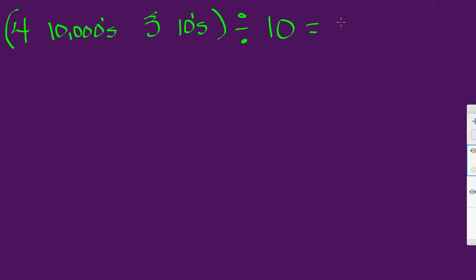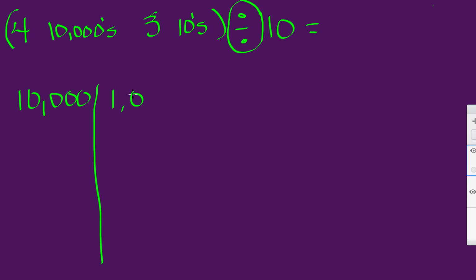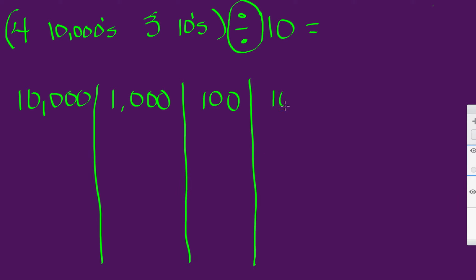And you're going to write unit form and standard form. So since we're dividing, we're going to get smaller. So I can start with my 10,000s place, then it goes down to 1,000, then 100, then tens, then ones.